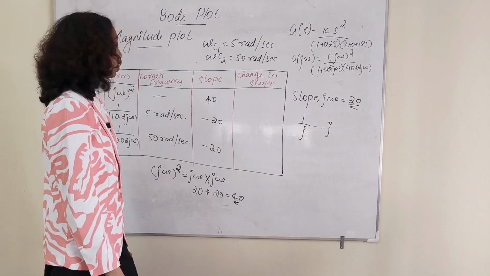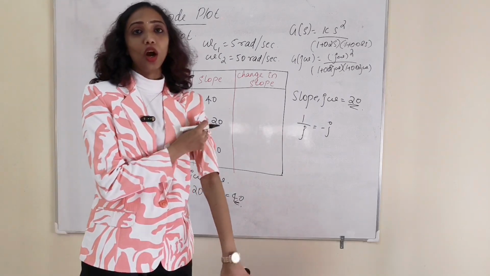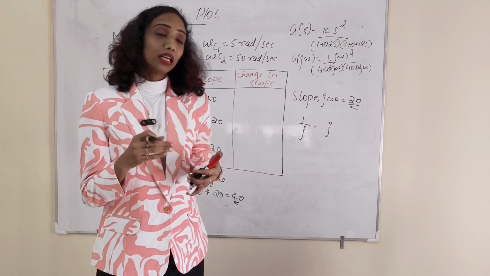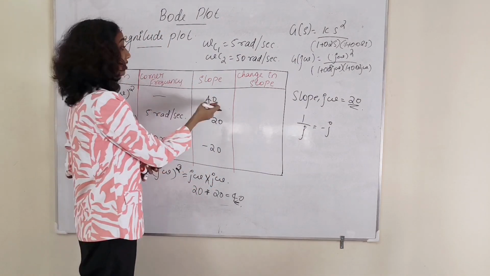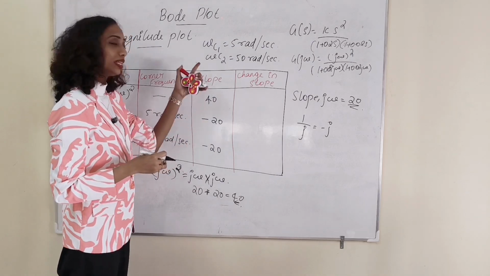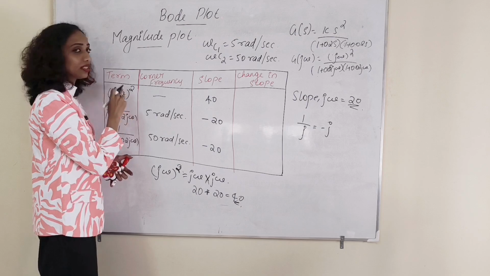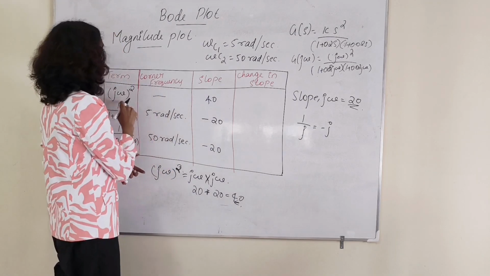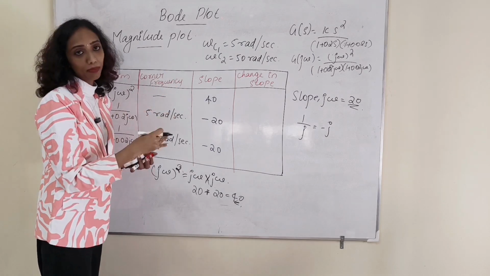Okay, the next column is change in slope. How to find the change in slope? Always you need to compare a slope with the upper value. In the first term, j omega square is the first term, so it shouldn't have any upper value.